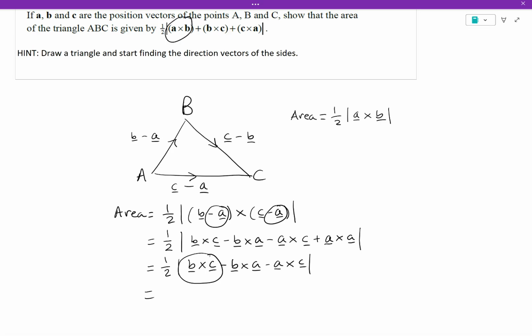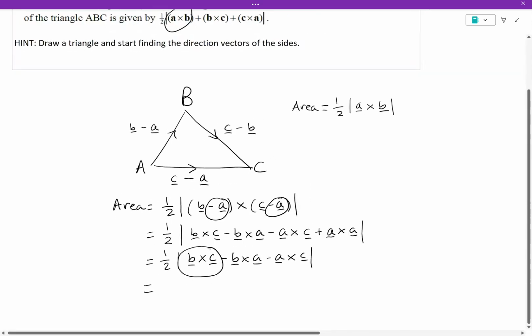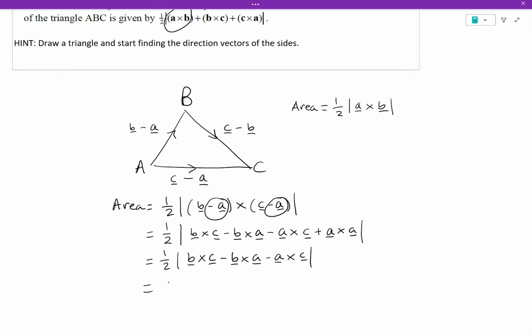We need a cross b. Currently, I have negative b cross a. Well, using our properties, I can swap our vectors around, providing I change the sign in front, our anti-commutative property. So it becomes plus a cross b, and then I'm going to write subtract a cross c.